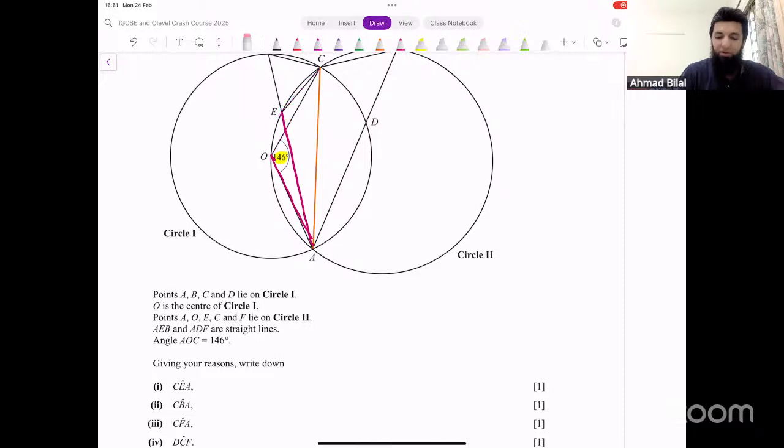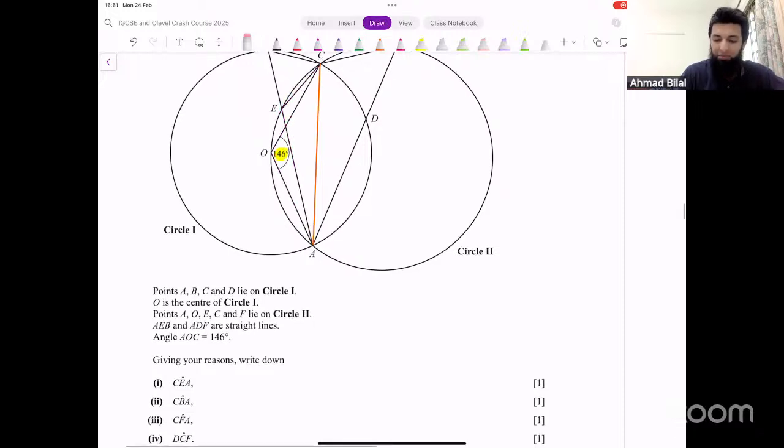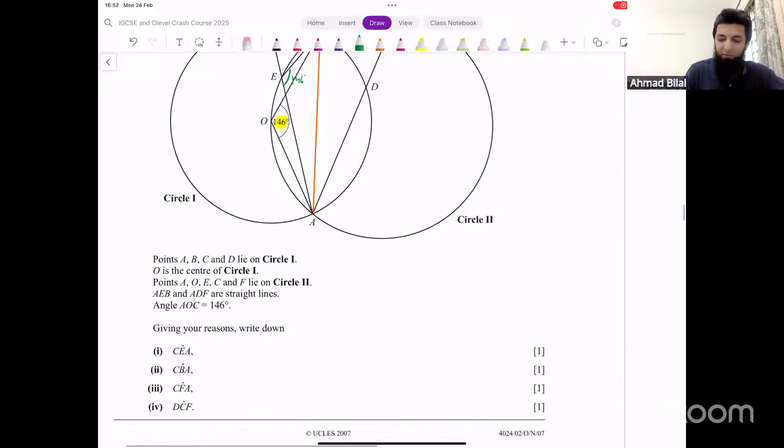All right, so we can use the property angles in the same segment, they're equal to each other. So what do we do then? You write down that the angle is 146 degrees, and then we have to write down the property that we're using, angles in the same segment.